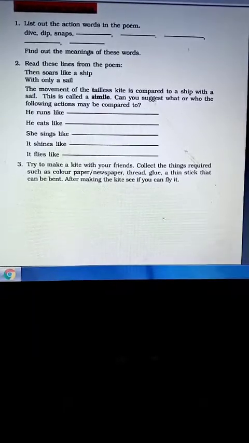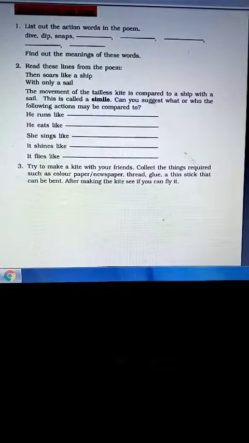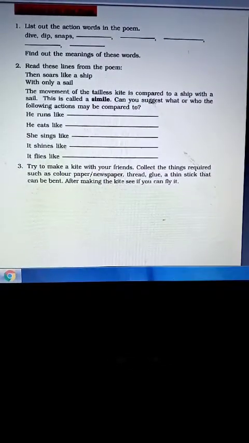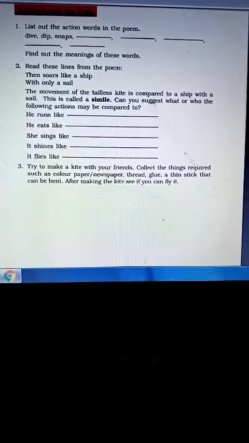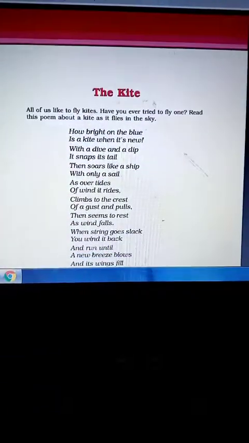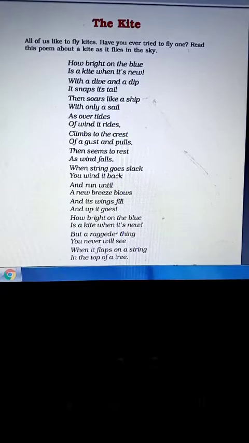I hope you all have understood the poem and it will be easy for you now to prepare your own notes. Remember children, when we were looking at different words in the poem, we observed that there are various new words in the poem.